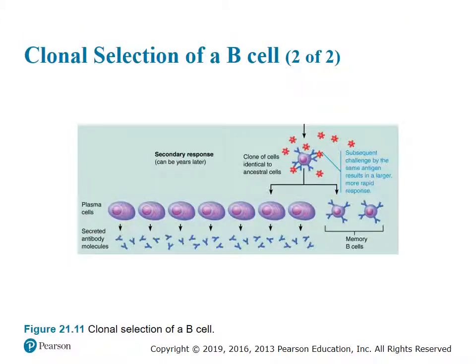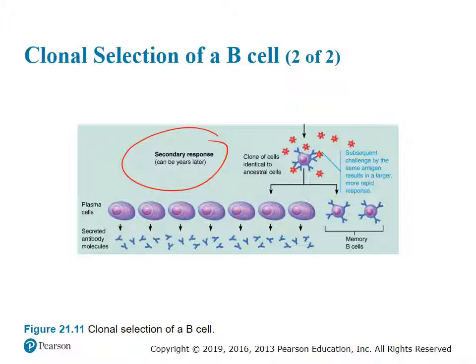Now, what's going to happen if we get a second exposure, right? Look at the second exposure. Sometimes it can be years later, weeks later, months later, any time after that, right? Well, let's say it's 10 years later or 30 years later. When we interact with that same type of antigen, the same exact one as we just saw, there's a big difference, right? Yes, it gets clonal selection. Yes, it turns into plasma cells.